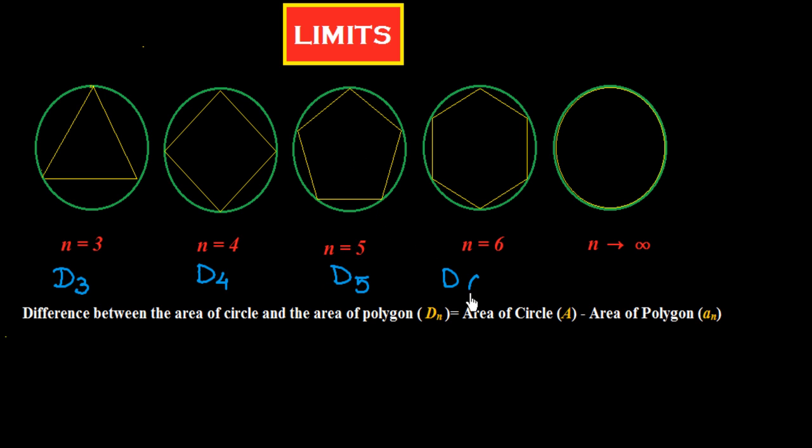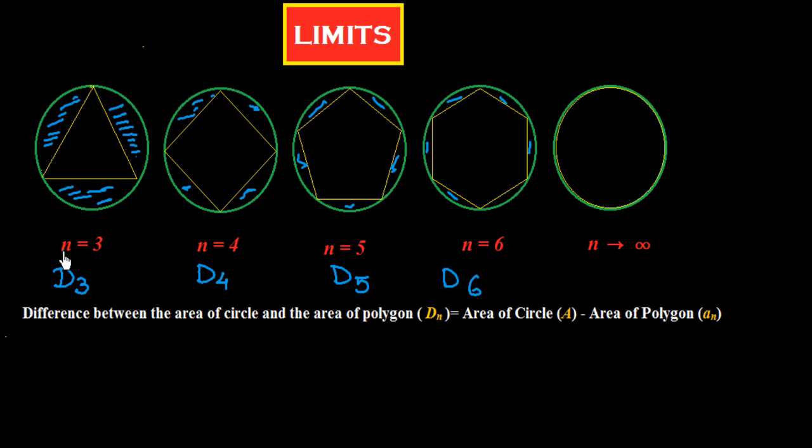I am talking about this area, the difference of the area of the circle and the area of the polygon, this area, and this area, and this area. So this area is d3.